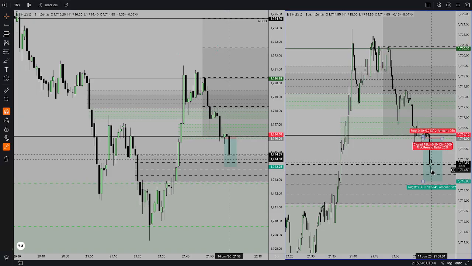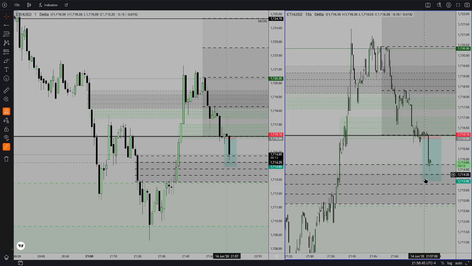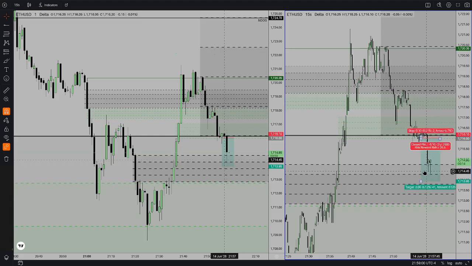It should have zero struggle moving across these areas. You see the reaction? That's the area where you've got to take a partial out. And the reaction from this area, this particular area.